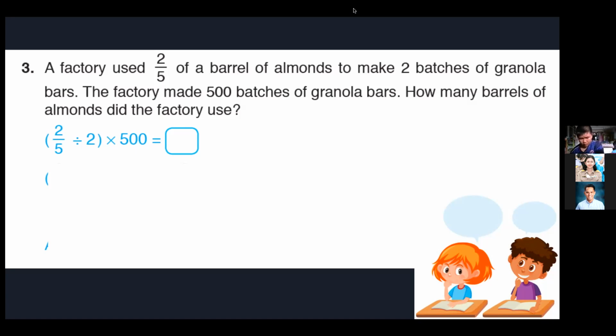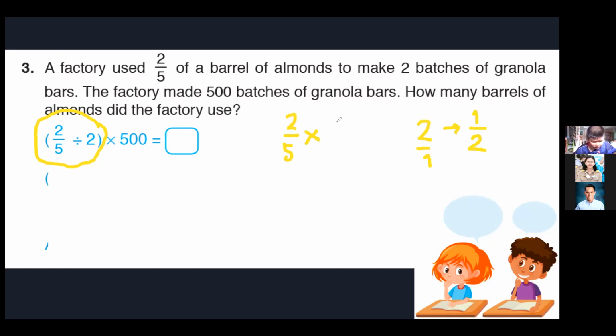To follow this step, first thing to do, you will have 2/5 divided by 2. So this one first. 2/5 divided by 2, we will change to times. And then the reciprocal of 2 is 1/2, because 2 is 2/1.